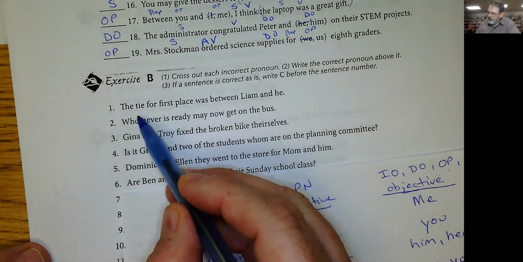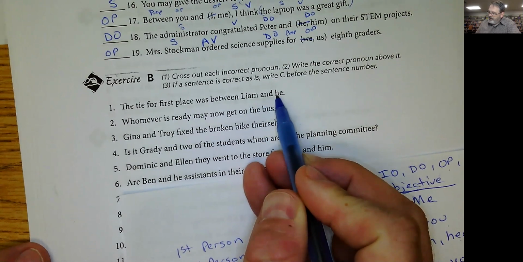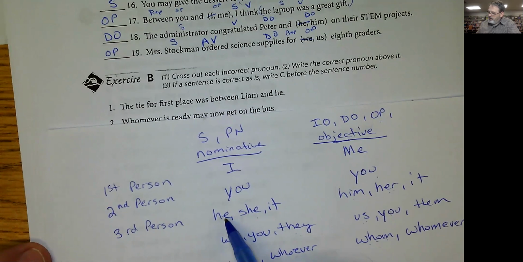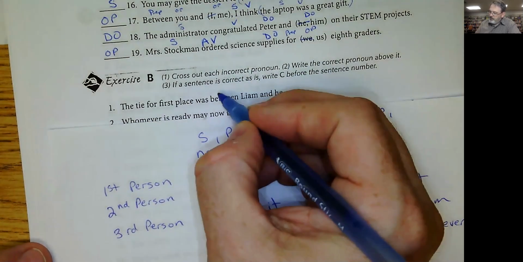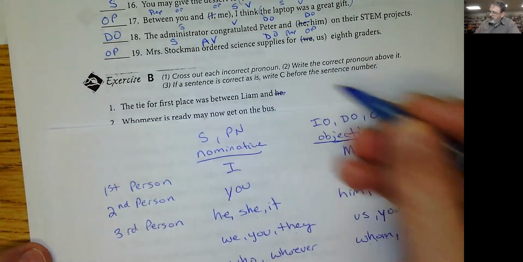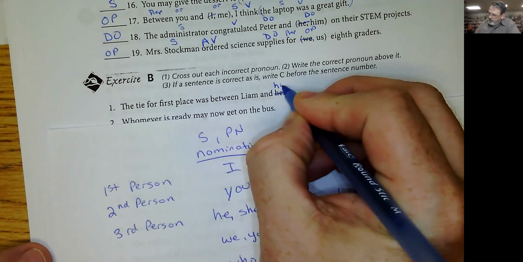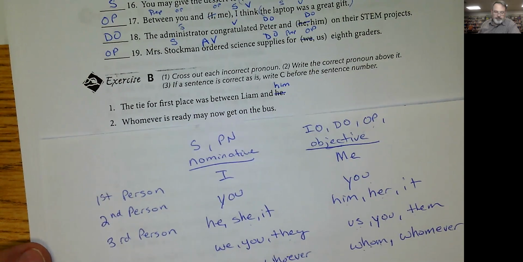So, the tie for first place was between Liam and he. All right? Well, he is nominative case. Between Liam and he, this is a prepositional phrase. Objective should be him, so we need to write him above it. And then the sentence is not correct, so we don't write C there.